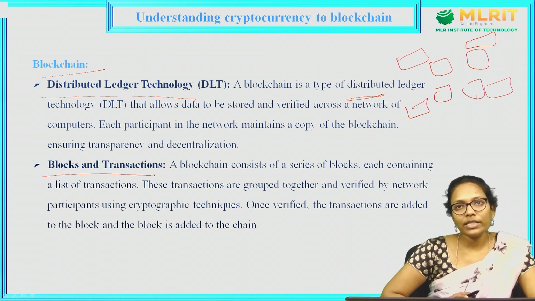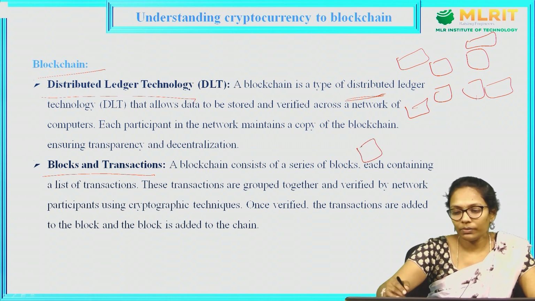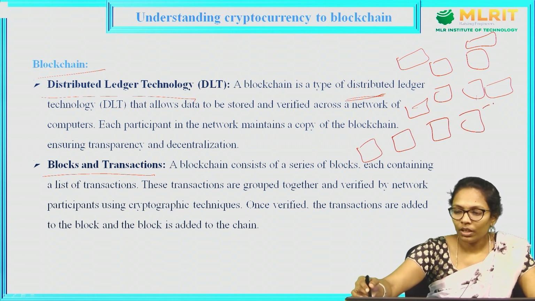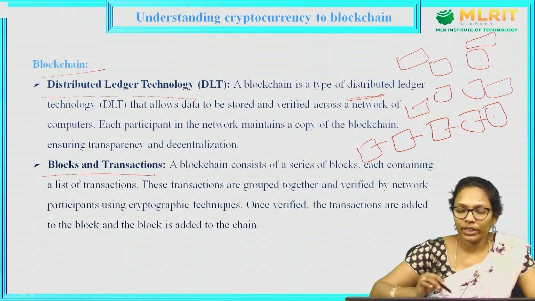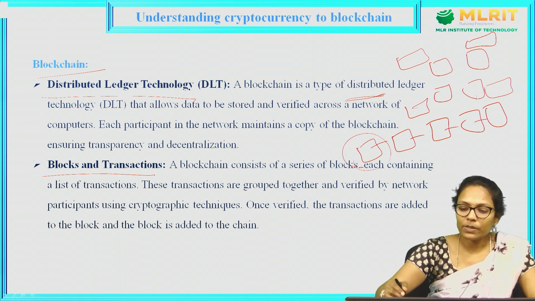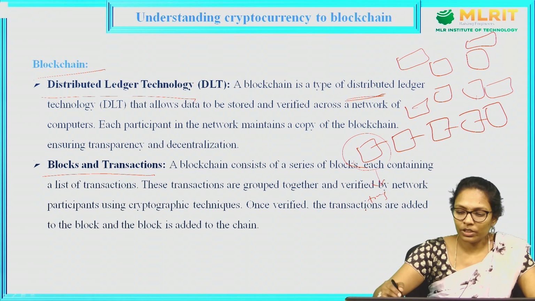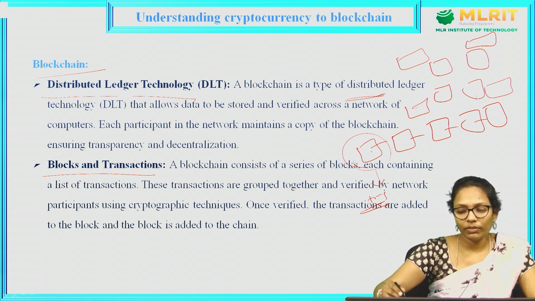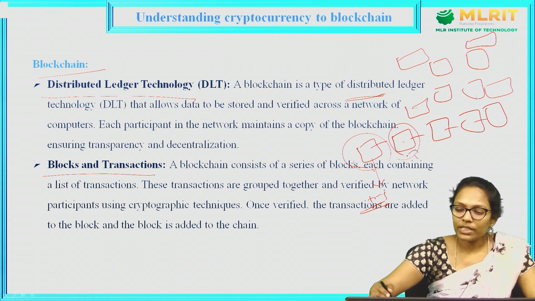Blocks and transactions. Blockchain is a collection of blocks. All these blocks are linked together and each block contains some transaction data. How will these blocks be connected? Using the hash. To calculate the hash of a block, it uses the hash of the previous block.